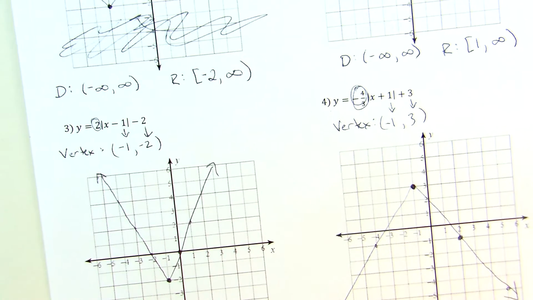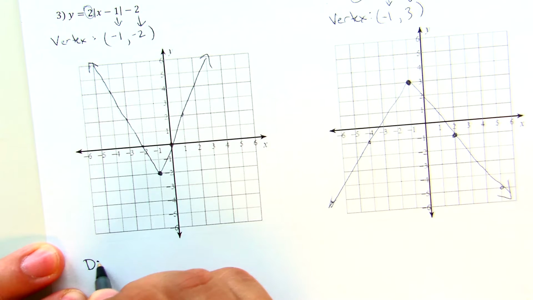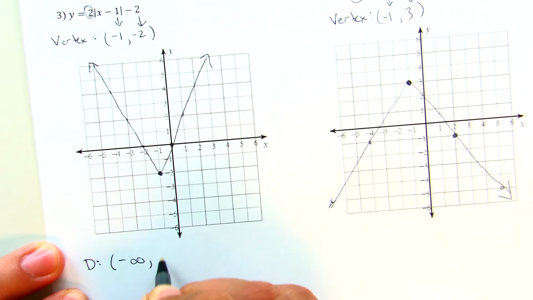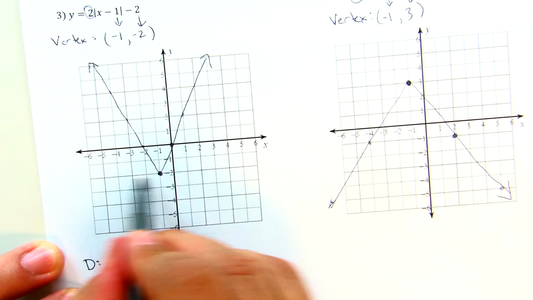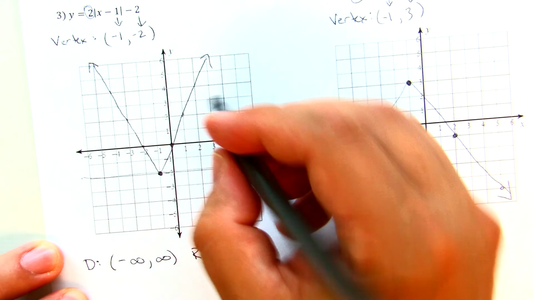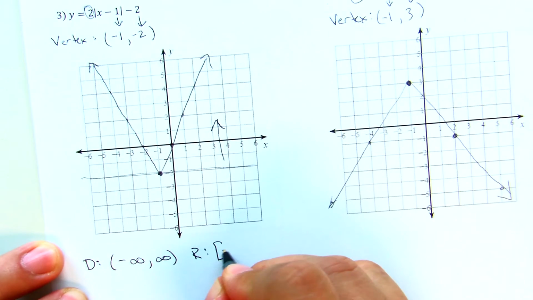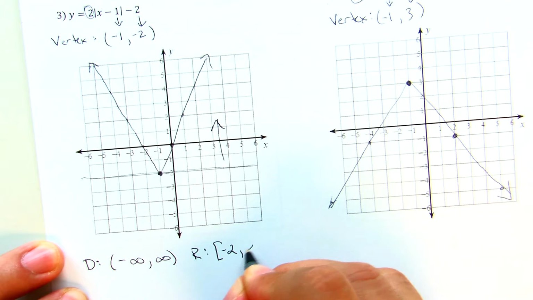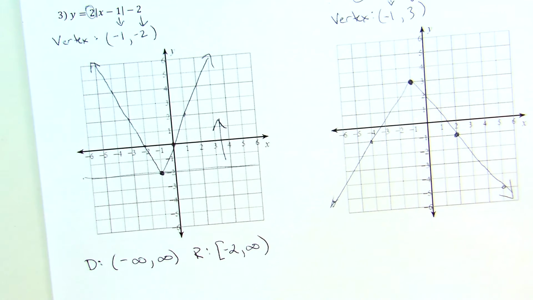All right, down here, number 3, domain, all real numbers. The range, well, the lowest point is right down here, negative 2, that vertex, and everything else is above that. So it starts down at negative 2 and goes up. So it's going to be from negative 2 up to infinity, as far as you can get.